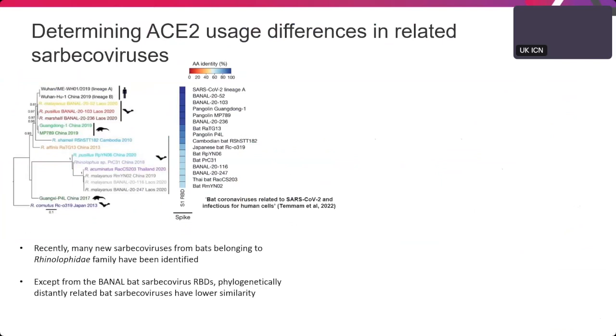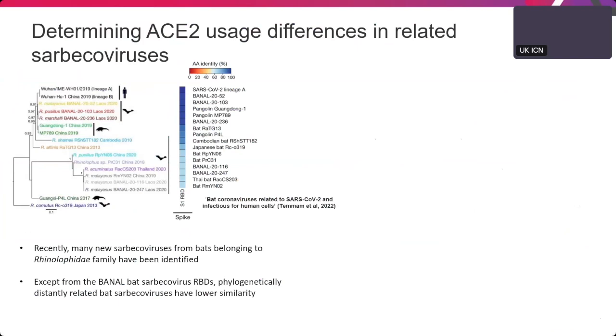Recently, many new sarbecoviruses have been identified from bats belonging to the Rhinolophidae family. Before I explain which sarbecoviruses were used in my project, I would like to point out that we particularly focused on the receptor binding domain of the spike, as that's where most ACE2 contact residues are located.